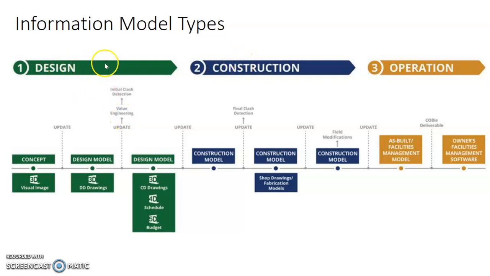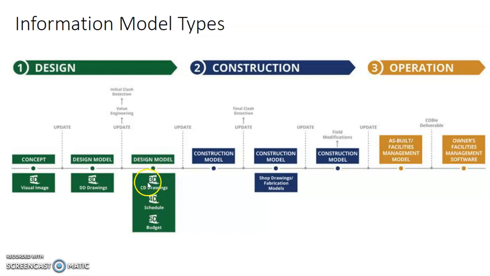You can also start to carry out clash detection between the services that you may have during this design stage. And you continue to progress your design model, where you can look at a more detailed collaborated design, and you can start to develop a schedule and a budget for your model.